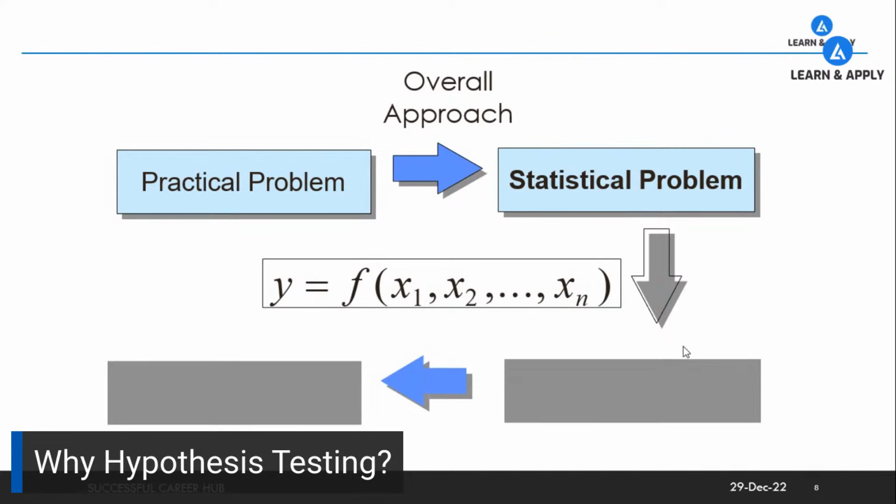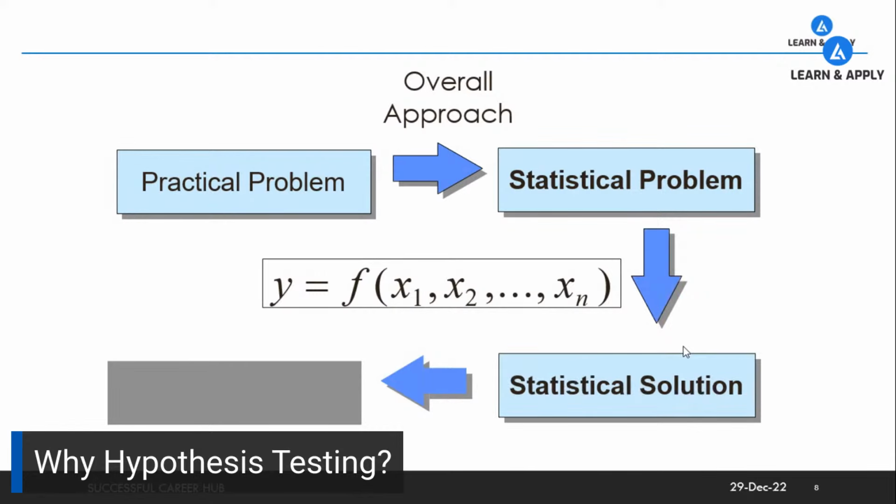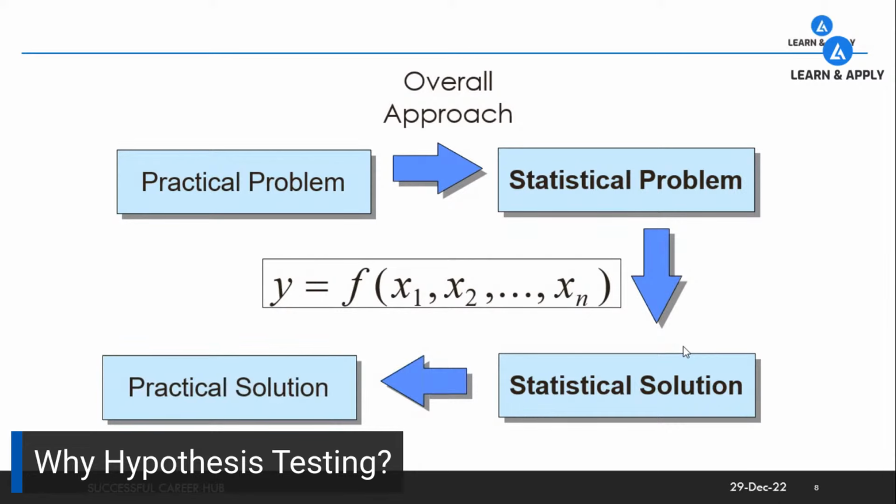Why? Because we have various statistical tools, basic as well as advanced. By using these statistical tools, we identify the statistical solution. That is the power of statistical tools. And as soon as we have the statistical solution, it can be converted back into the practical solution.